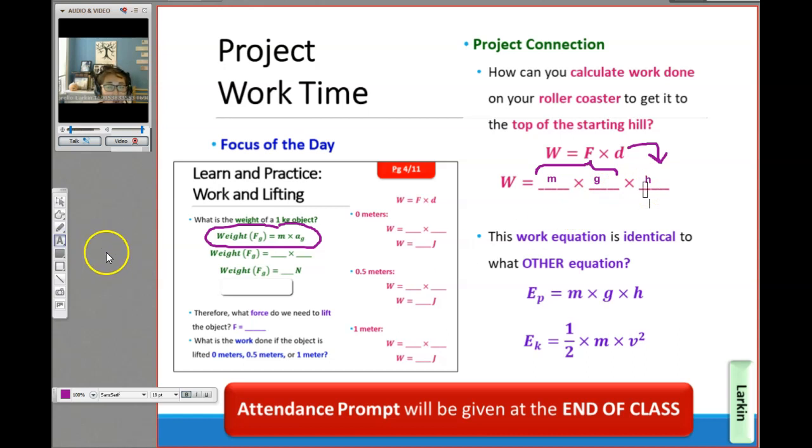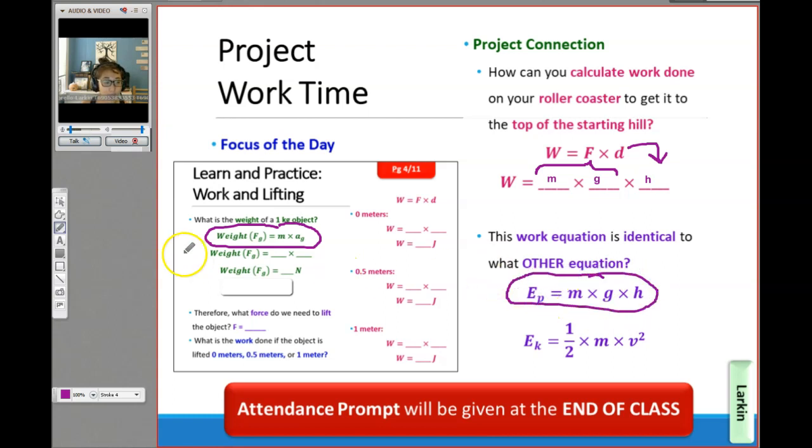Awesome. So work in this case is mass times gravity times height, but this work equation is actually identical to what other equation that we took a look at? Is it identical to the potential energy equation or the kinetic energy equation that we already learned at the start of the unit? What is it identical to? Awesome. Yeah, it's actually identical to the potential energy.